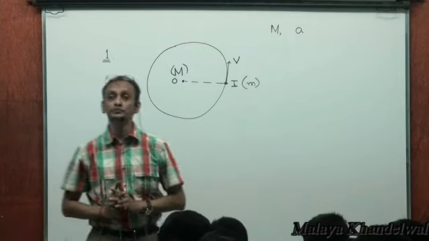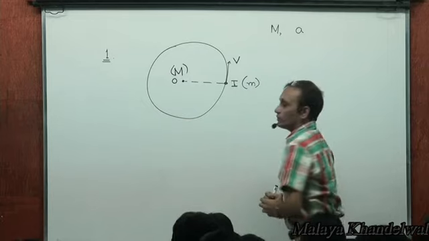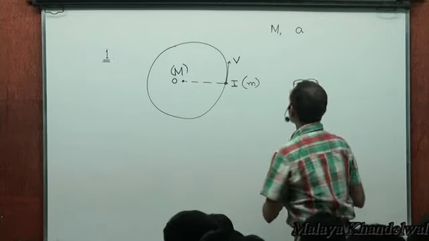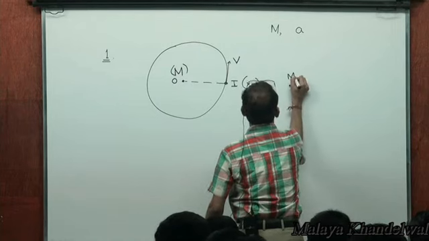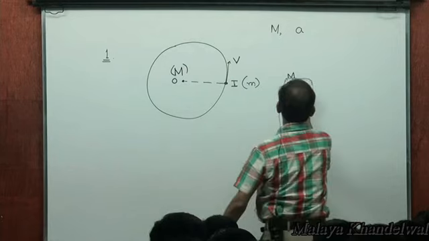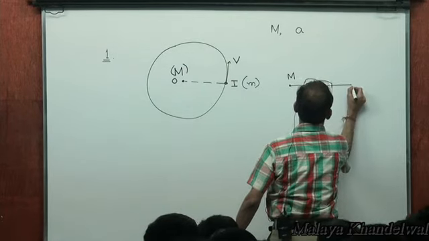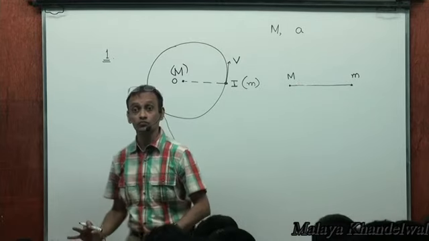Now, to simplify matters here, what we do is take the point mass capital M, which represents the ring, and a mass small m, which represents the insect.